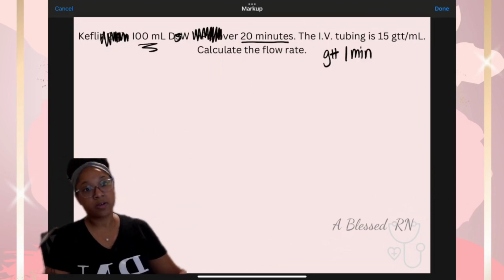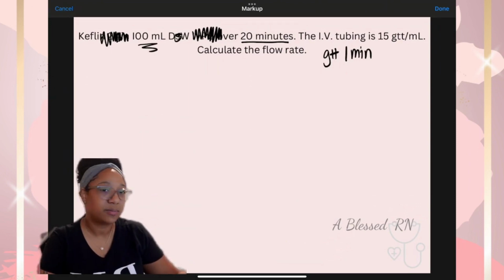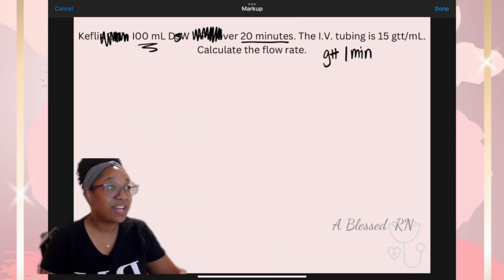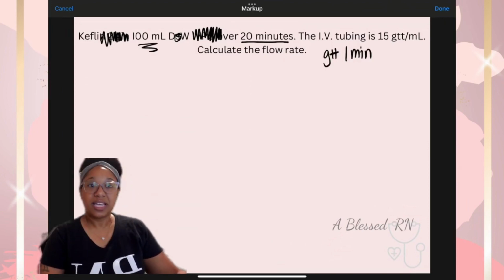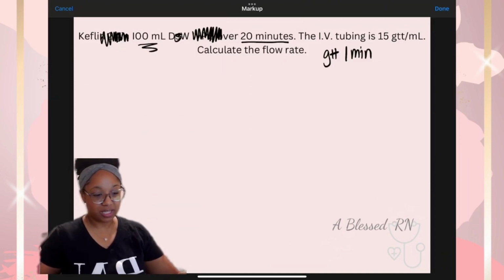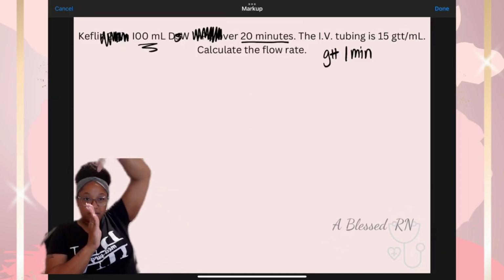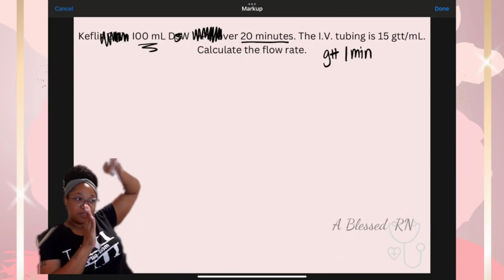Piggyback simply means that you're going to have a solution like normal saline, half normal saline, D5W, lactated ringers, whatever, infusing. And then you're going to hook up a secondary tubing, and your primary tubing is going to be here. And then you're going to hang this little bag up here. And your little bag is going to drip, drip, drip.